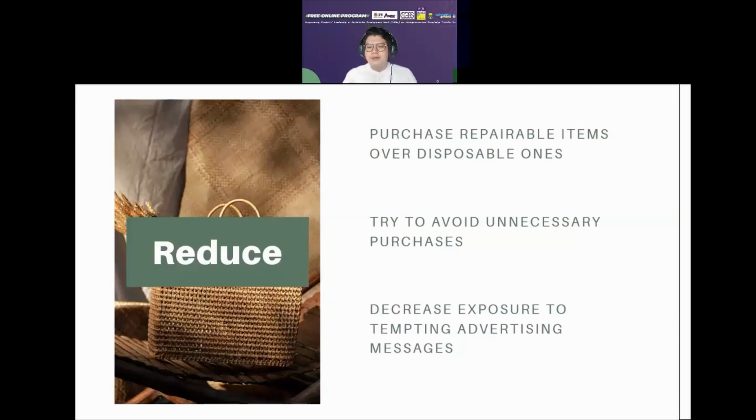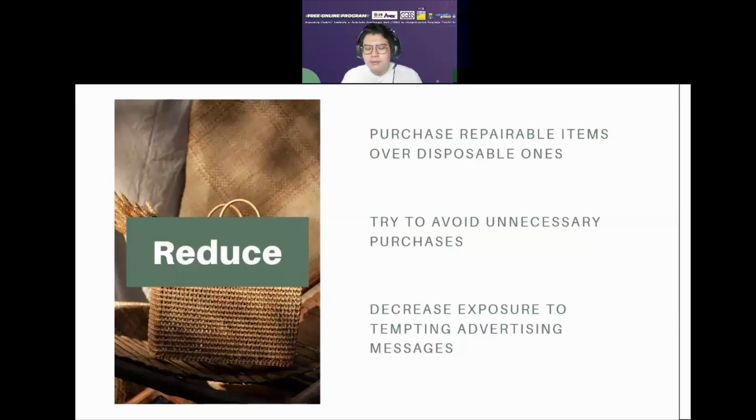Now, I'm sure that most of our parents or even ourselves have the apps Zalora or Shopee, Lazada, Mudah.com. Every day, these apps will send messages about deals, discounts, combo deals.